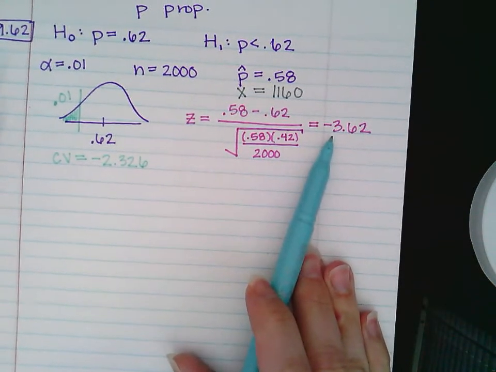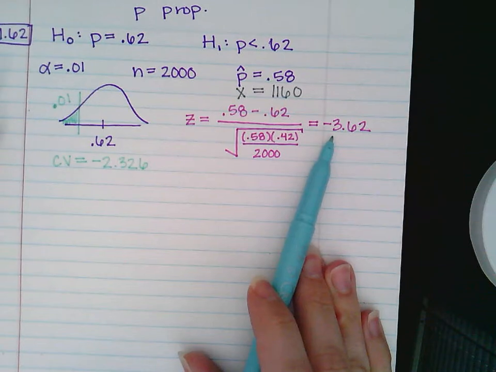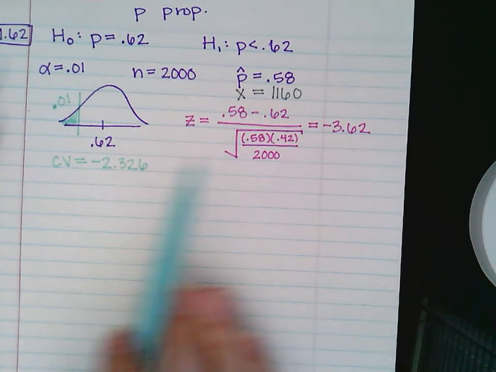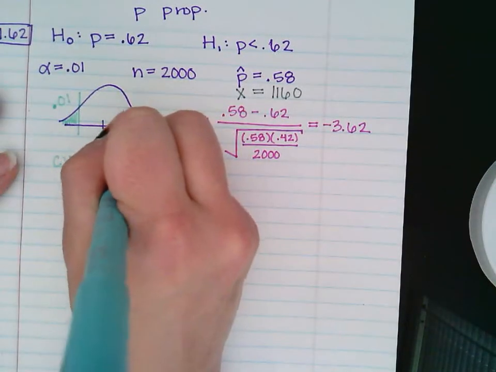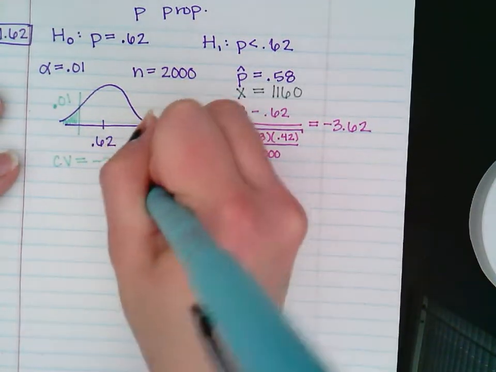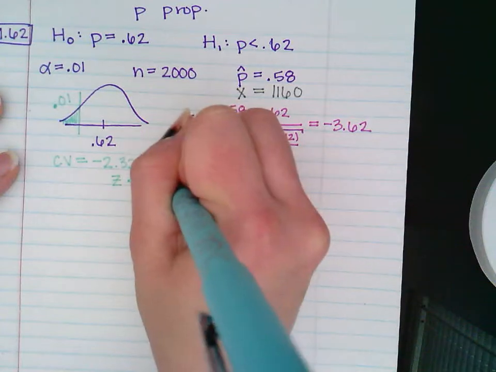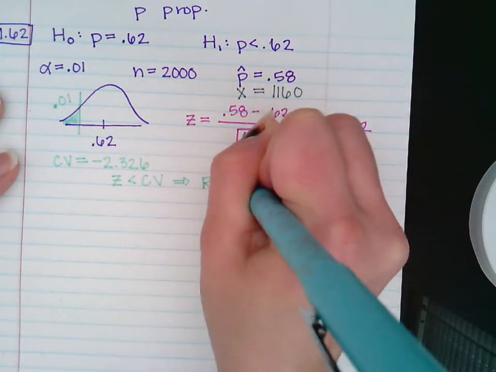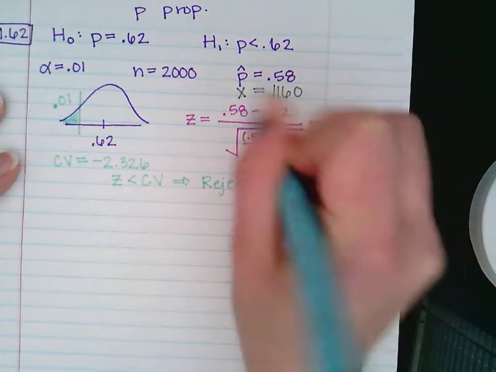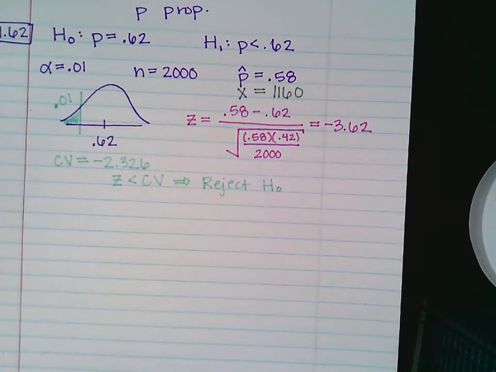If I have a z-score that is further away from 0.62 than my critical value, then I reject. Z is definitely further away than my critical value. I reject H0. Okay, so that's one way that we could solve this.